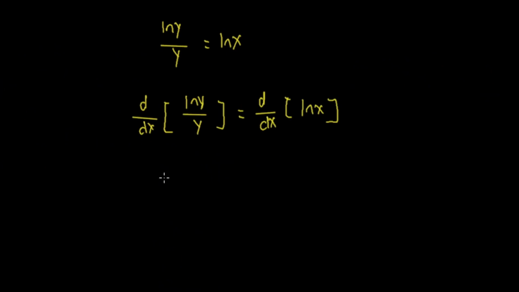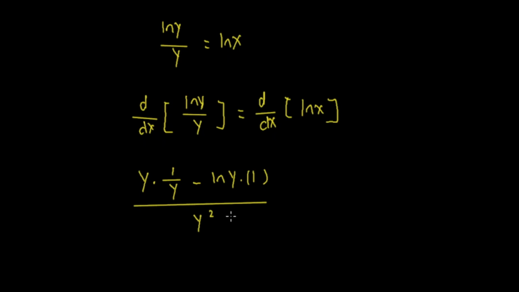Here, this one here, is equal to, first of all, the bottom function first, y times the derivative of ln of y, which is 1 over y, minus ln of y times the derivative of y, which is 1, all over this function squared.